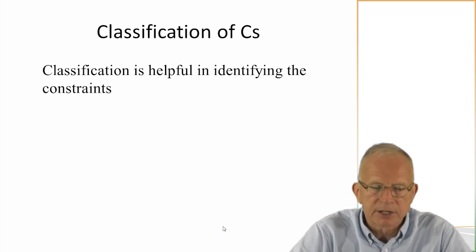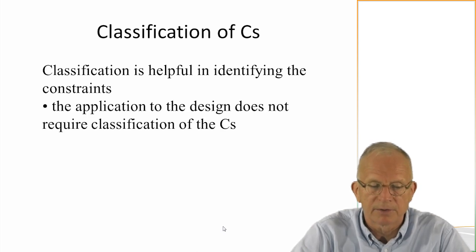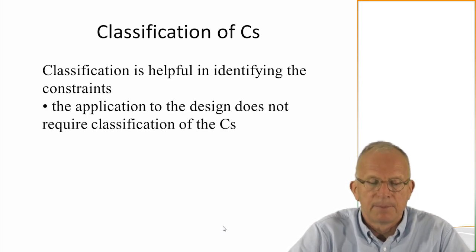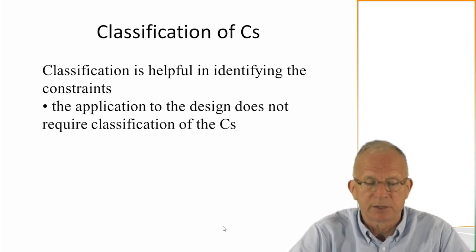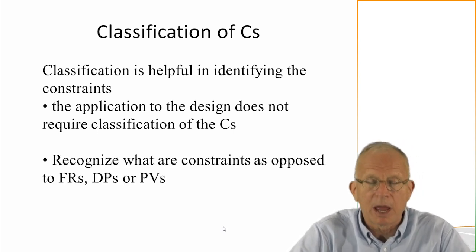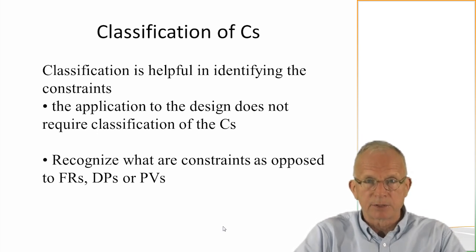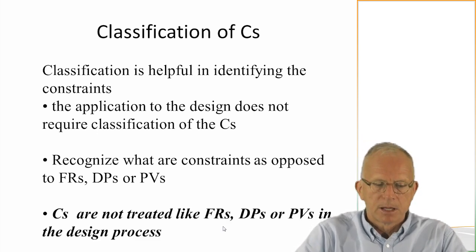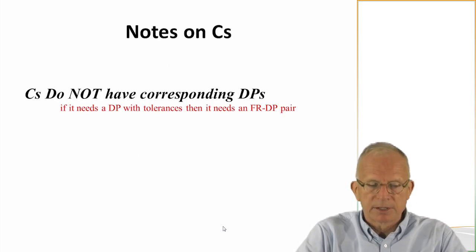So, classification of the Cs. This is helpful for identifying the different constraints. But the actual application in the design doesn't require that we're able to classify what kind of constraint it was. We have to recognize, however, that constraints are different from the FRs, DPs, or PVs, because they're not treated the same way in the design process.